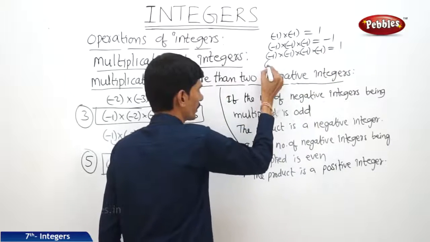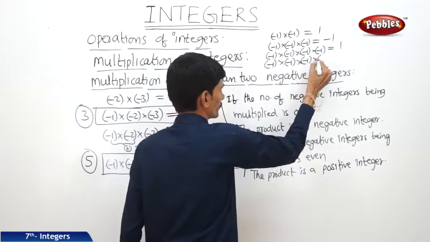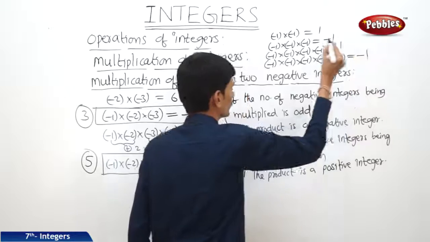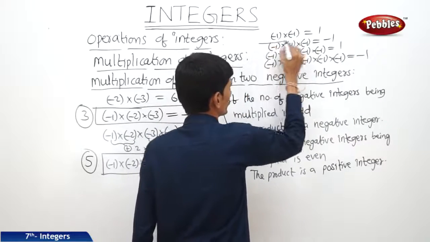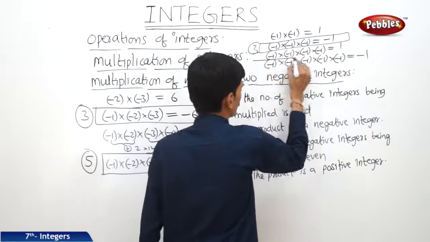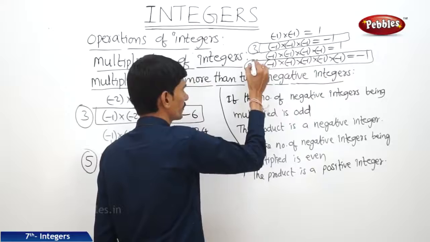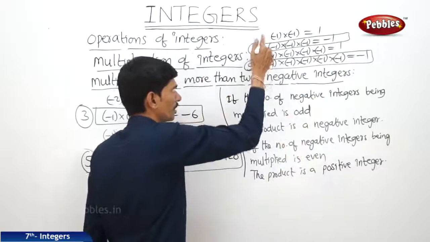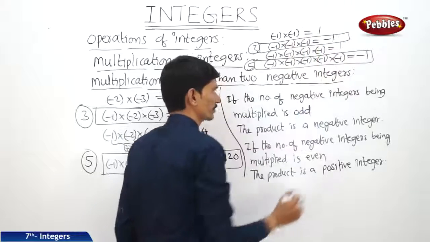And when you multiply -1 5 times, again we get the product -1. So here we have multiplied 3 times, here we have multiplied 5 times. So when you multiply an odd number of times, we get the product as a negative integer, and when you multiply an even number of times, we get the product as a positive integer.